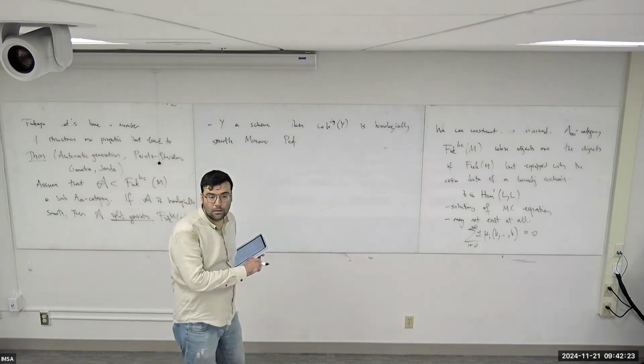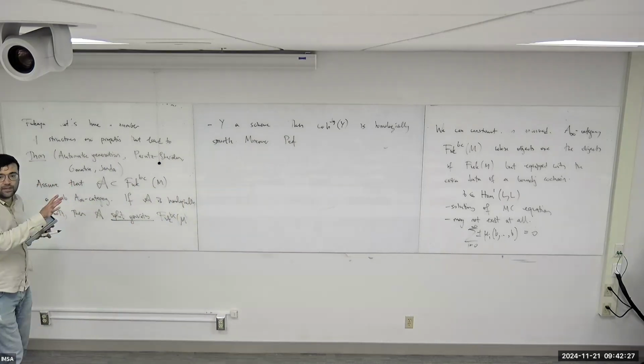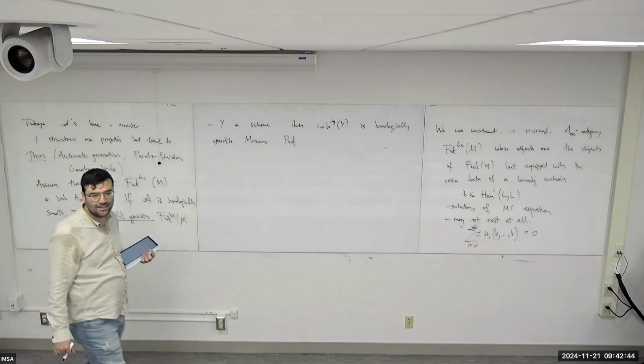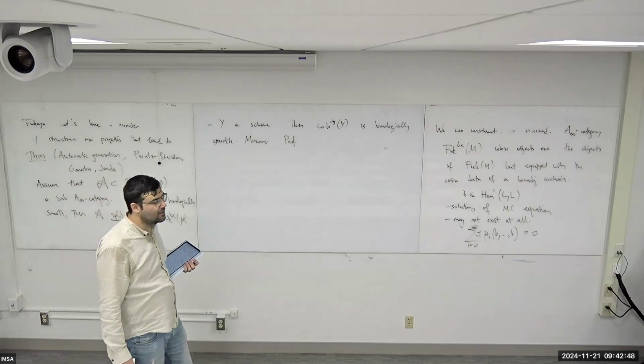But I'm not saying anything about a subcategory of the derived category of coherent sheaves. I'm saying a subcategory of Fukaya categories. The question, as I understand it, is if I take a subscheme of Y and look at the coherent DG of this thing, is this smooth? But why is it important that it's a subvariety? You could go to a point, and then the coherent DG of a point would generate coherent DG of Y for every Y.